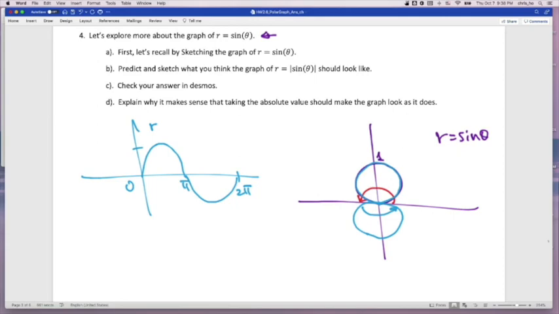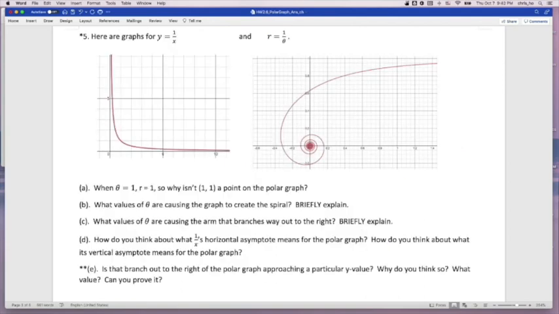But when you make r equal to the absolute value of sine, then what you're doing is that you force this to be positive also. So that's pretty much the answer.